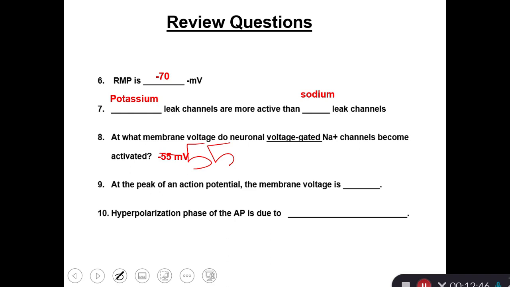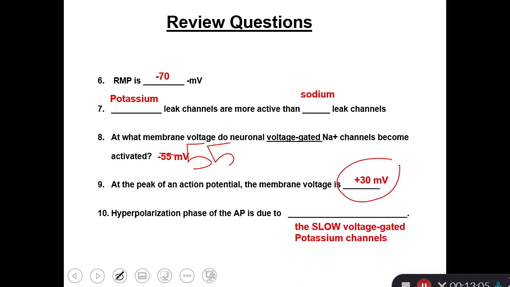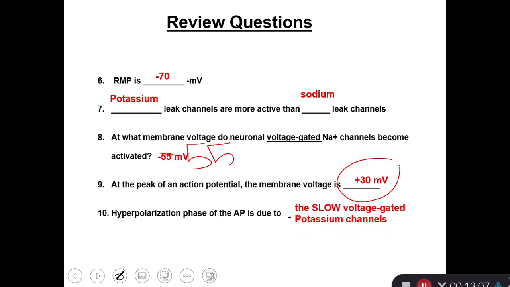The depolarization goes up until the membrane becomes plus 30 millivolt. And at this point, repolarization happens. The hyperpolarization phase is due to what? It happens because the voltage-gated potassium channels are slow.